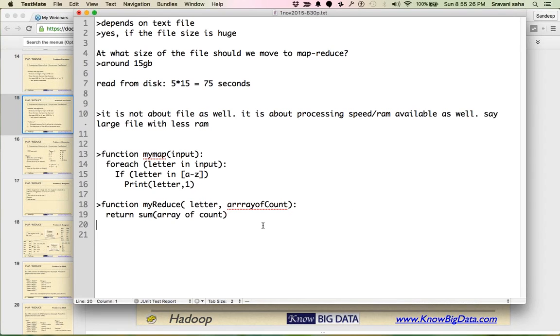Now you can imagine a text of 30 gigabytes.